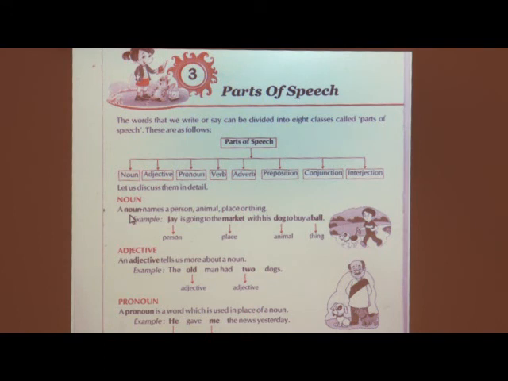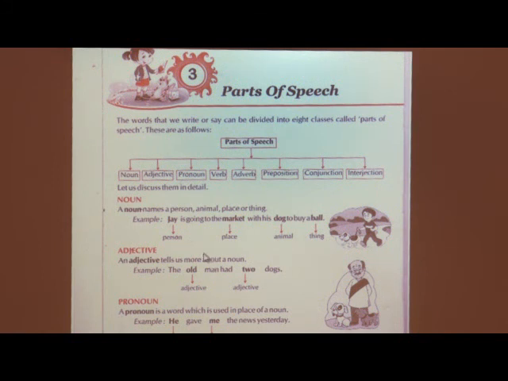For example, suppose I want to give a name such as Rohan, or Suhana, or any other name of any person. Place is what? For example, we can take the name of a place, that is Solapur, or Mumbai, Delhi.